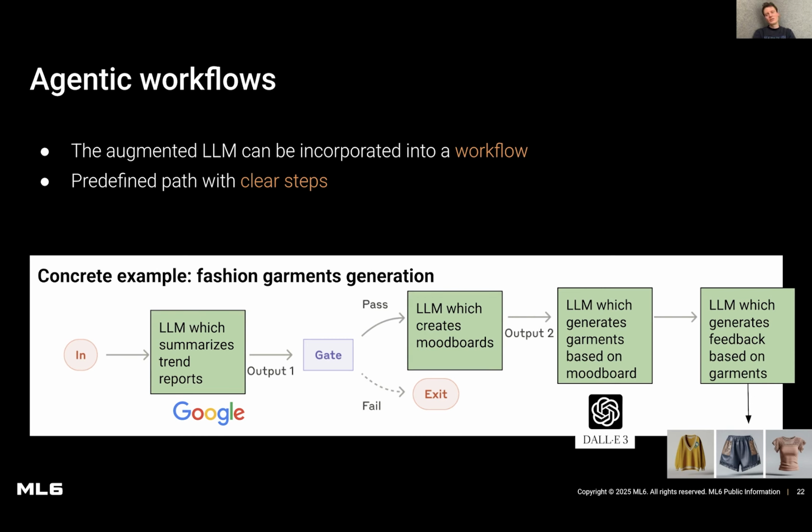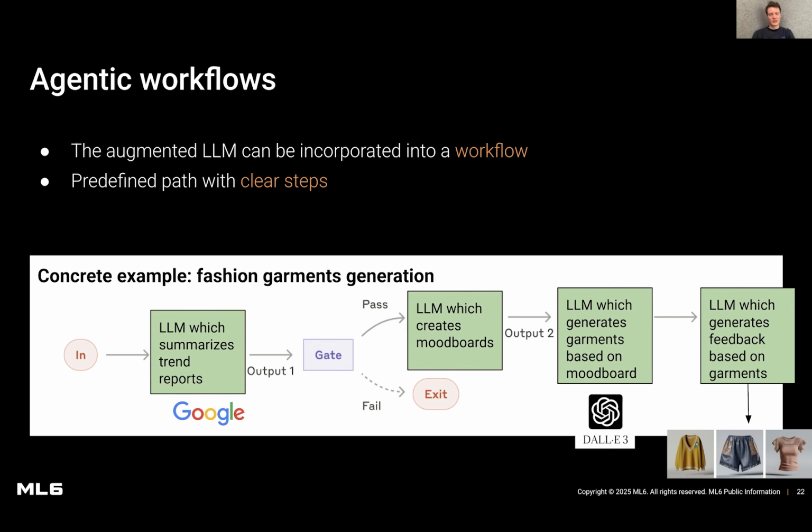The reason why we at ML6 are still focusing mostly on workflows is that if you give these LLMs full freedom, it might quickly go wrong and turn into chaos, because these LLMs are not that powerful yet. We need to guide them, and this is why we use these LLMs in each of the steps of a predefined path.